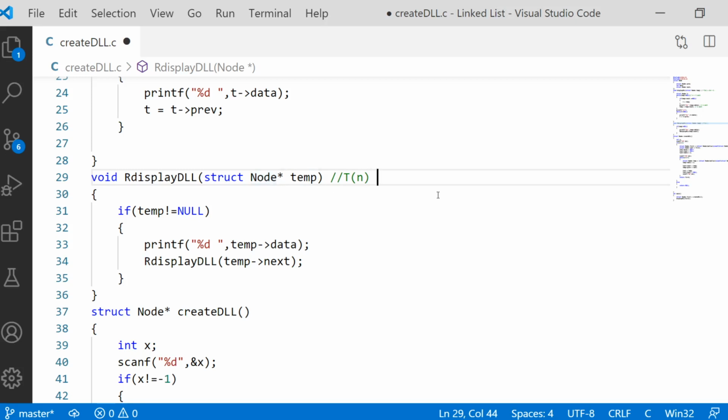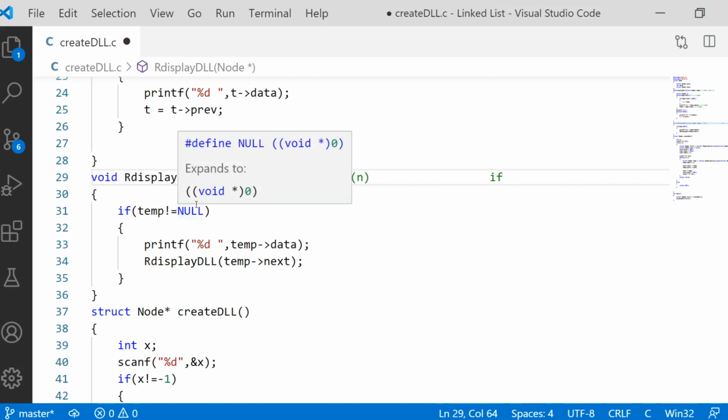First of all, let us speak about the base condition. What is the base condition? The ending condition is temp not equal to null. When temp is equal to null, you will stop.